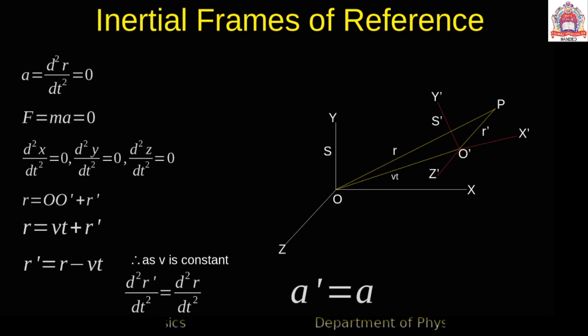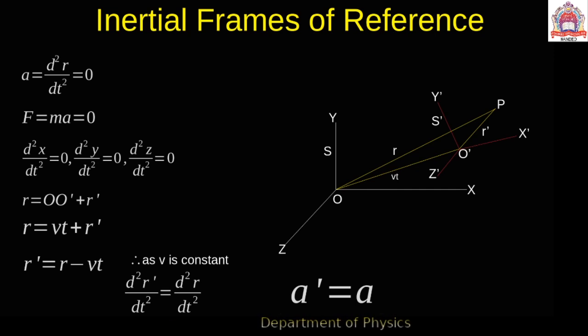Among these reference frames, one is the absolute system, which is stationary relative to the fixed stars. But in view of the validity of the law of inertia, all the frames of reference will be completely equivalent.